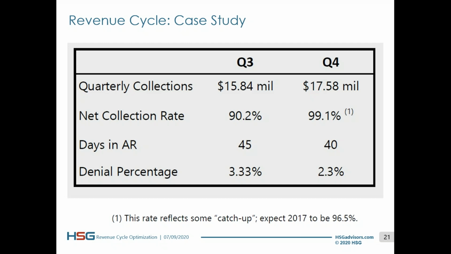Our collection rate increased by about 9%. Some of that was a little catch up, but it was still going to be about 7%. Our days in AR went down 5%, and we lowered our denial percentage just by reorganizing the CBO by process instead of by practice. So it can be done, but that process in total took 19 months. It's not going to be done quickly.